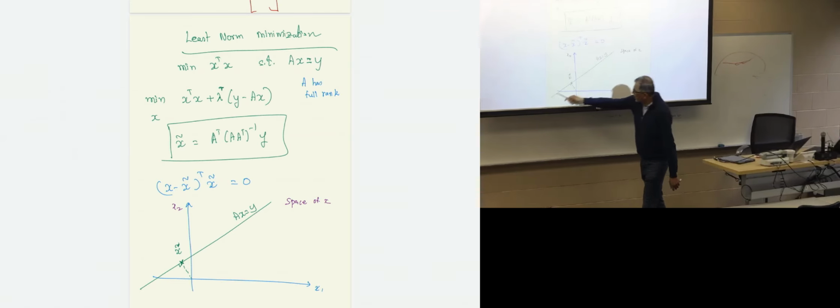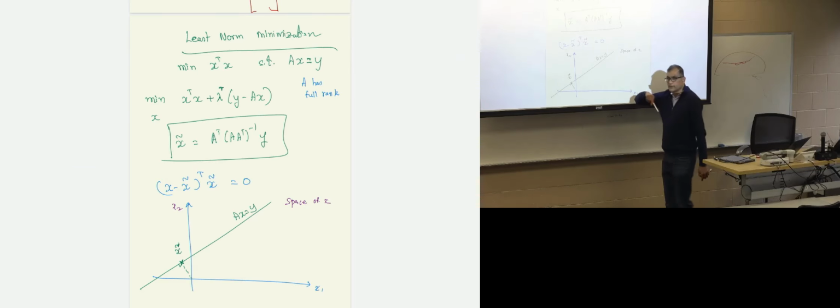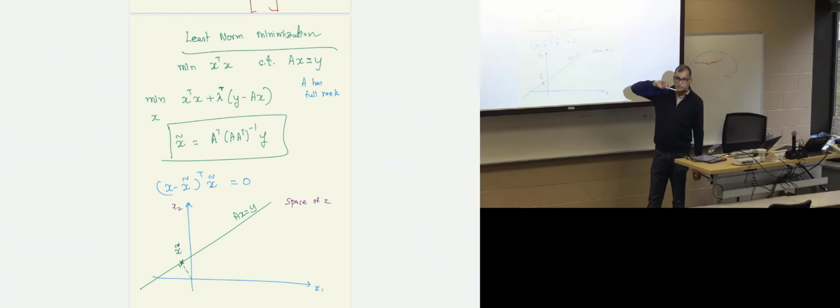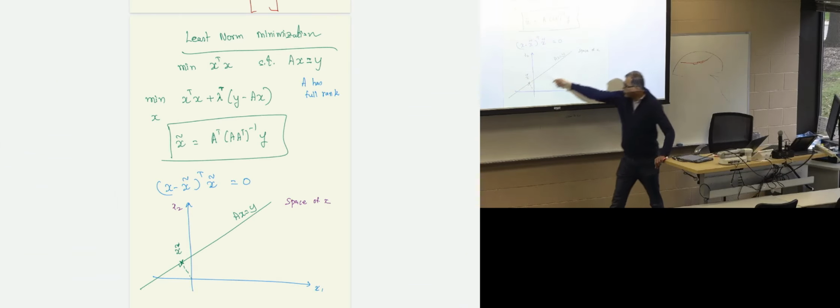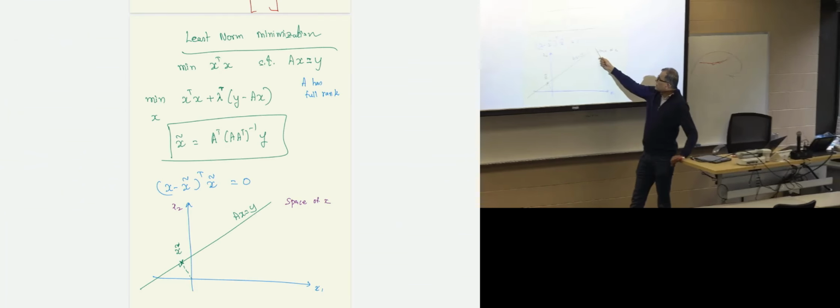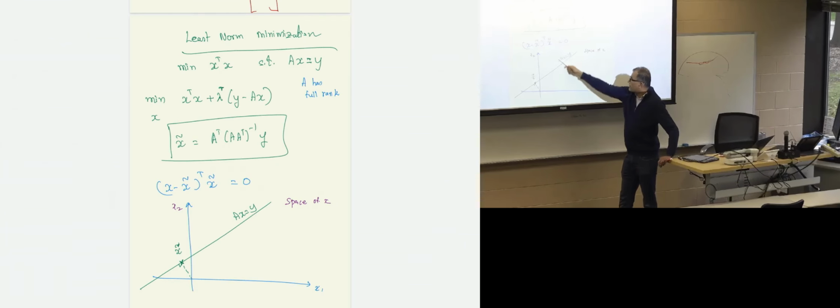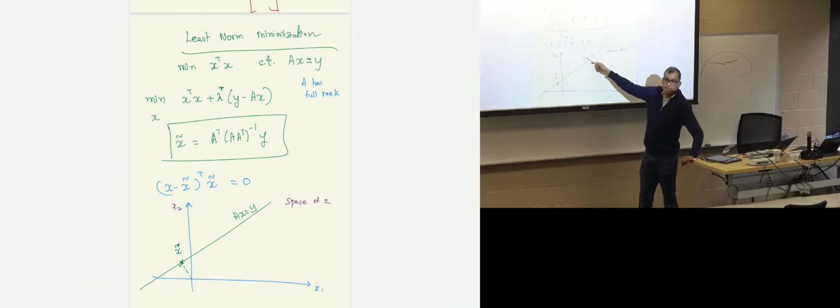All of these x's along this line satisfy Ax equal to y. Here think about x being two-dimensional and y being one-dimensional. Along this line, all valid solutions of Ax equal to y live.